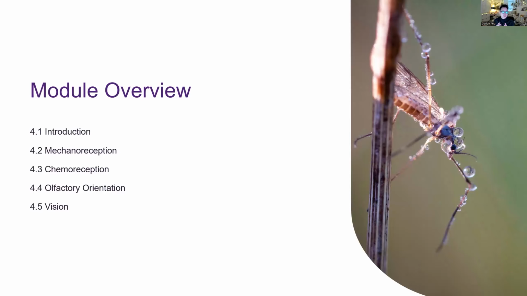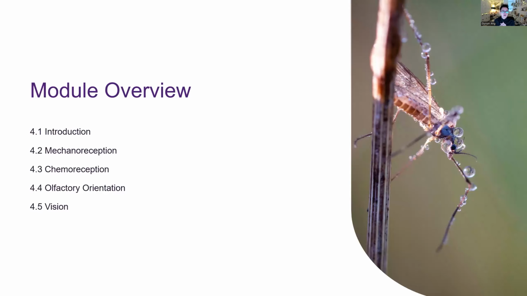Then chemoreception, the ability of the insect to detect the chemical components of the environment, which is a really significant part in insect sensory systems. And as a subset of chemoreception, which is the basis of olfactory reception, so the ability to detect chemicals in the headspace around them and orientate towards specific cues or away from specific cues.